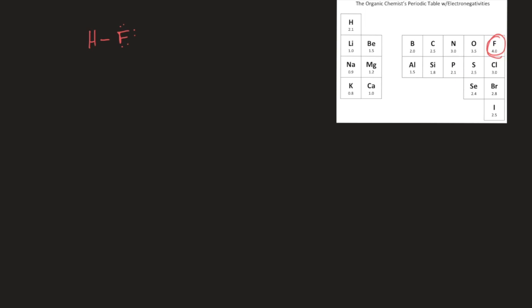And that means that the electrons in this bond are being pulled in the direction of fluorine. One way that we illustrate that is using this funky arrow that's going to point in the direction that the electron density is being pulled. And we're going to put this little hash mark right above the positive side.